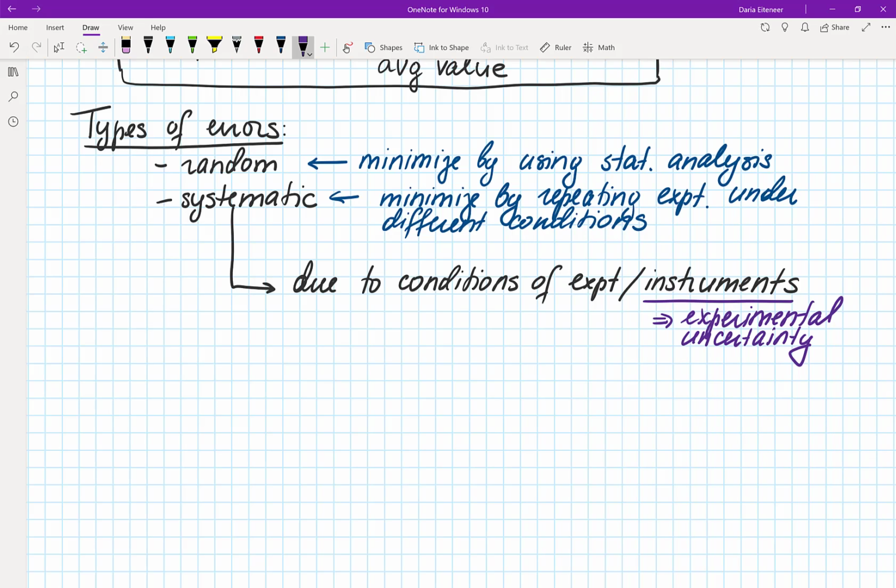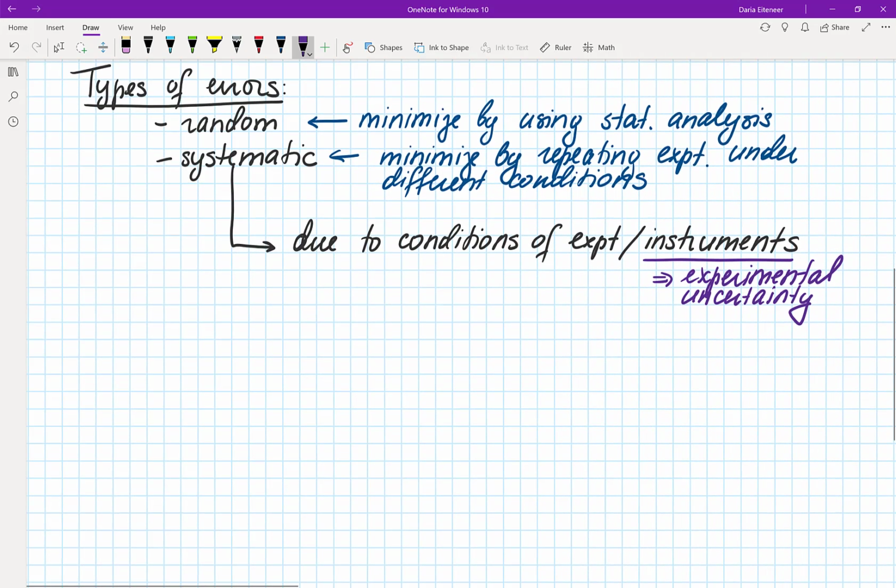Even if you can minimize or get rid of the great majority of the other errors that can occur in the course of experimentation and measurement, you will never be able to completely get rid of experimental uncertainty because no instrument is perfect.